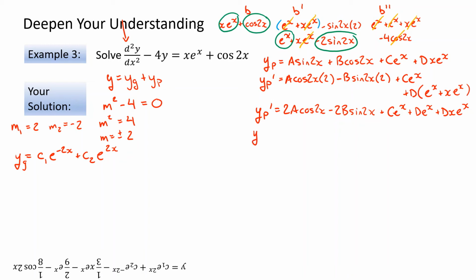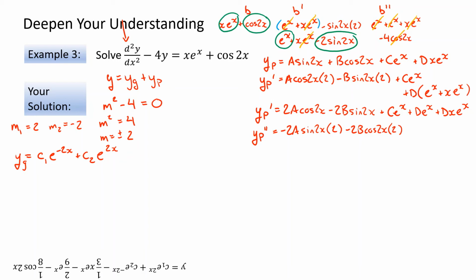So our second derivative, yp double prime, is equal to, the derivative of cosine is negative sine, so we get negative 2a sine of 2x times 2 for the derivative of 2x inside the sine, minus 2b, derivative of sine is cosine of 2x, again multiplied by 2 for the derivative of 2x.